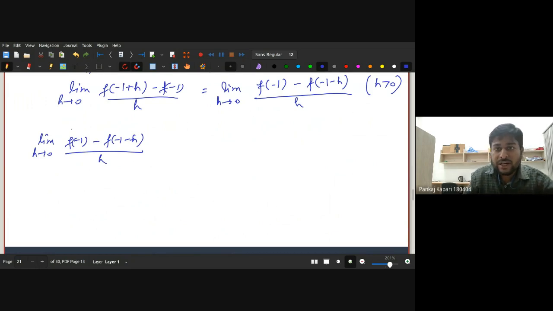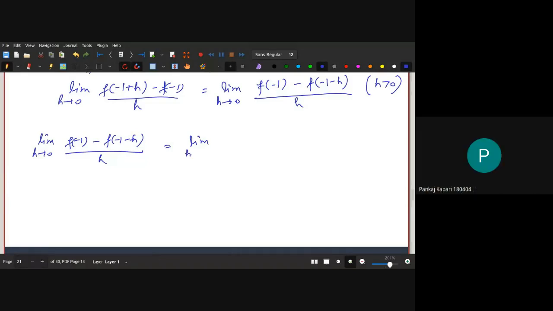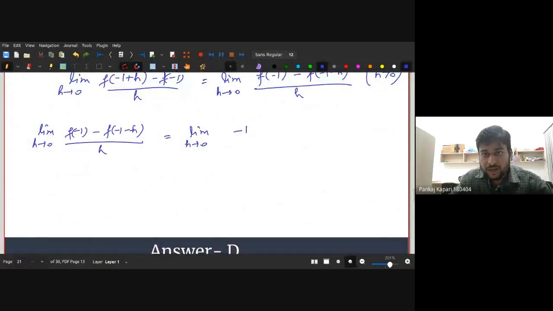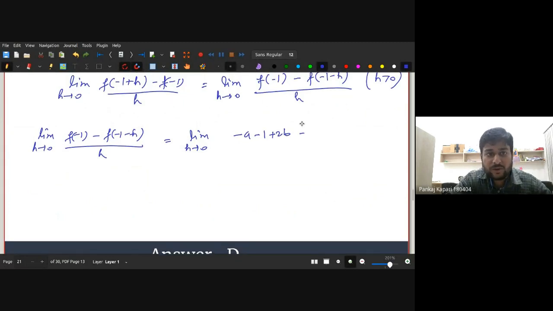Notice that h is positive. So at minus 1, what is the function value? It is minus a minus 1 plus 2b, and then we need it at minus 1 minus h.